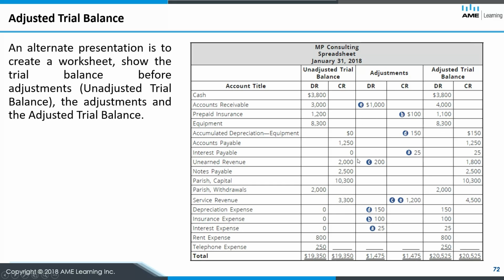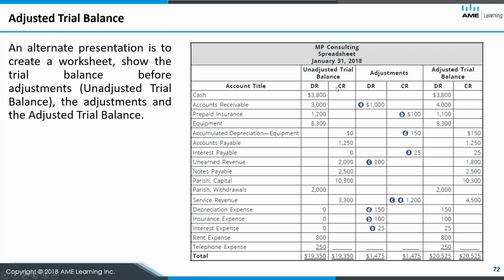So for example, let's look at depreciation. Before we did adjustments, let's say we had no depreciation expense, then we did a depreciation calculation, etc. We recorded a journal entry for depreciation, and you could see the debit to the expense would be 150, and the credit to the contra asset here would be the other side of 150.